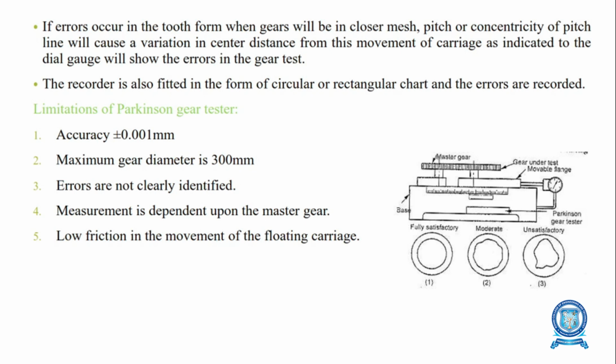The accuracy is maybe plus or minus 0.001 mm. Here we are not able to identify the errors very clearly. The measurement is dependent on low friction in the movement of the floating carriage. So these are the limitations of the Parkinson gear tester.